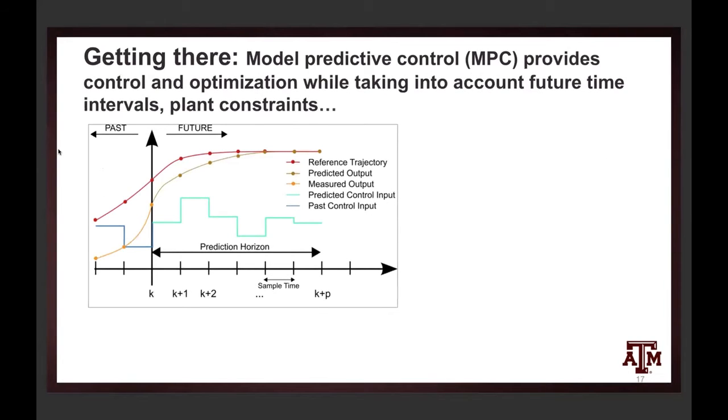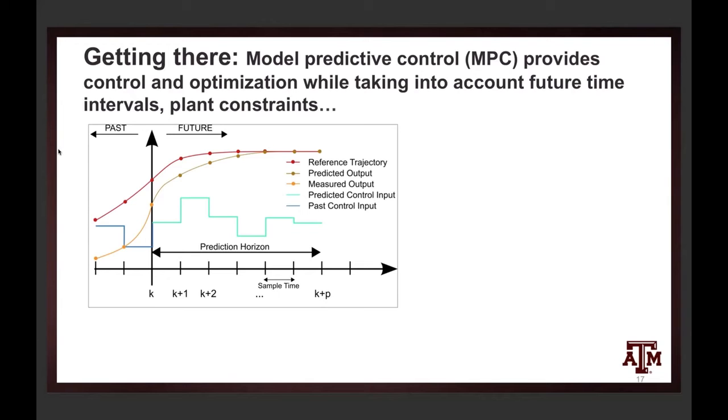This is the quintessential diagram for explaining what MPC actually is. At the top, you can see the reference trajectory. This is set as an objective. And then you have both a measured output of the plant and a predicted output in brown. And then in blue and green, you have a past control input into the plant and a predicted control input.